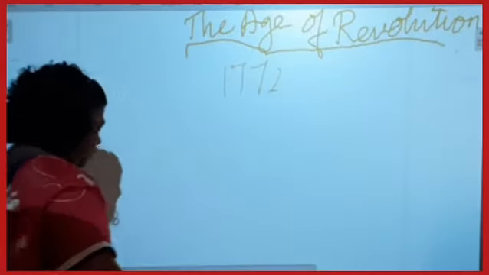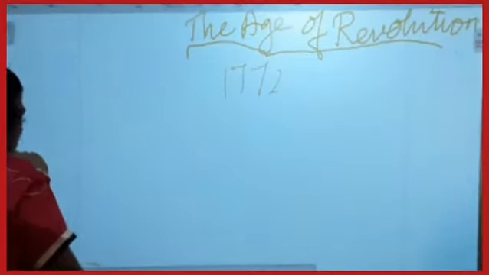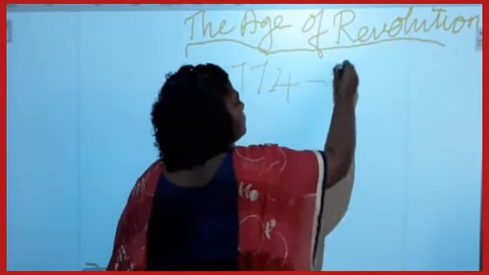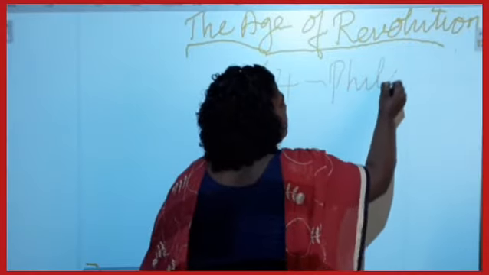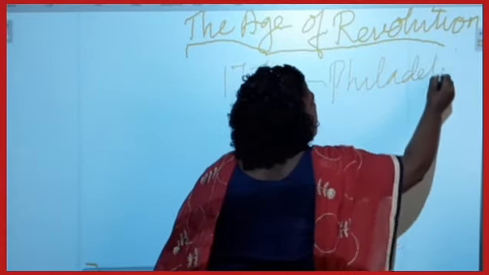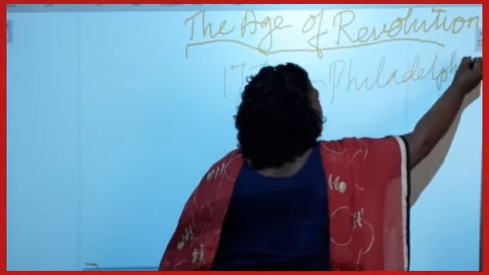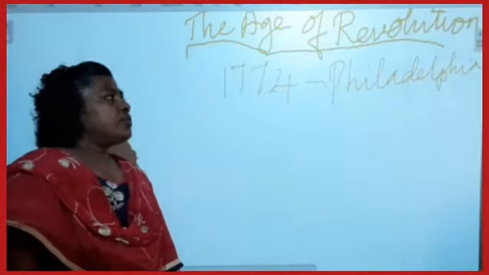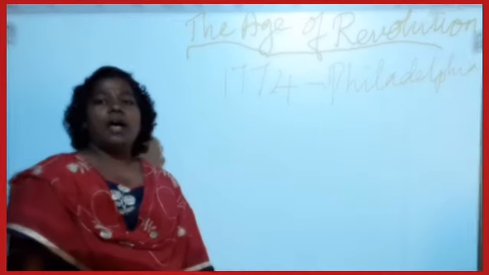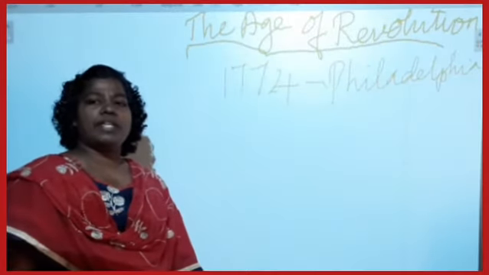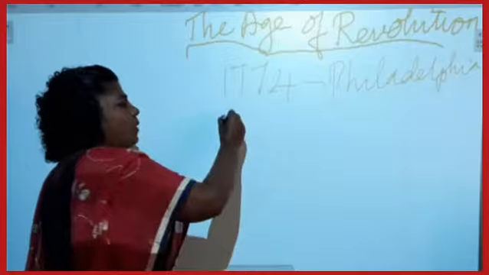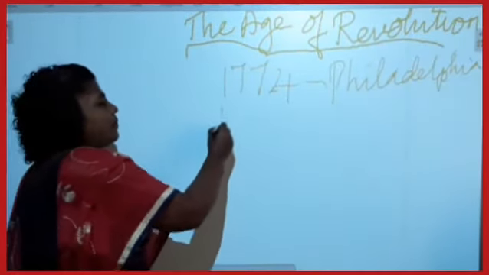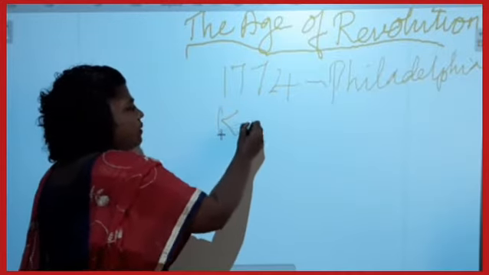Where did the colonies meet? They met in Philadelphia. So in 1774, the colonies met in Philadelphia and appealed against their British ruler, King George III. What was the name of the British ruler? King George III.